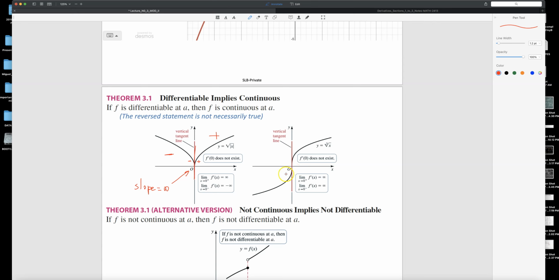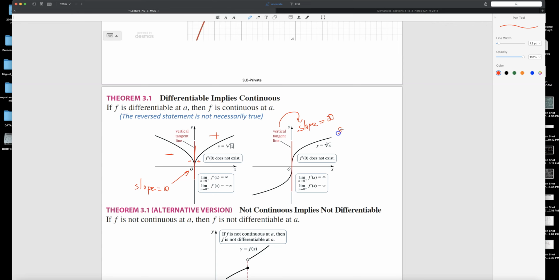Okay, in this example, what happened? The tangent line at this point of the function, the slope of the tangent line, the slope is infinity.